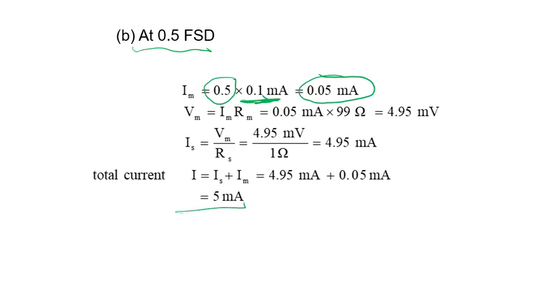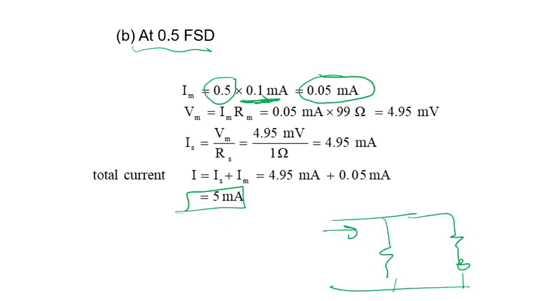You will find that the total current at the input of the ammeter, again, let me repeat it, will be equal to 5 milliampere. According to this calculation, this current is 0.05 and this current is 4.95. Their total is equal to 5 milliampere.